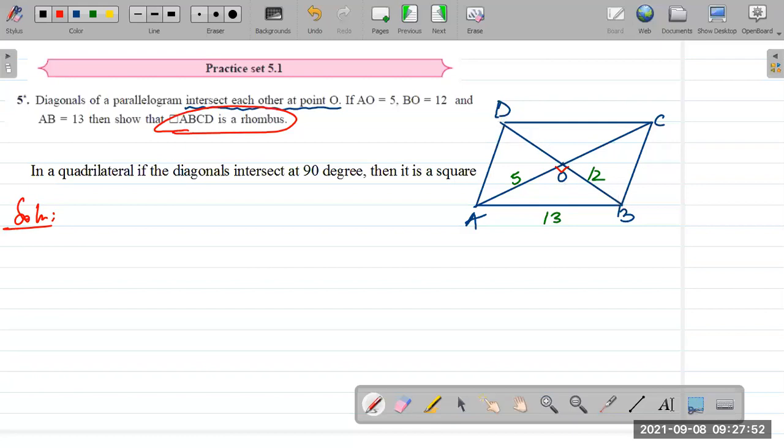So first thing we start with is stating that if OB is 12, OD will also be 12. Why so? Because we know that for a parallelogram, the diagonals bisect each other, right? So we write out the property first.